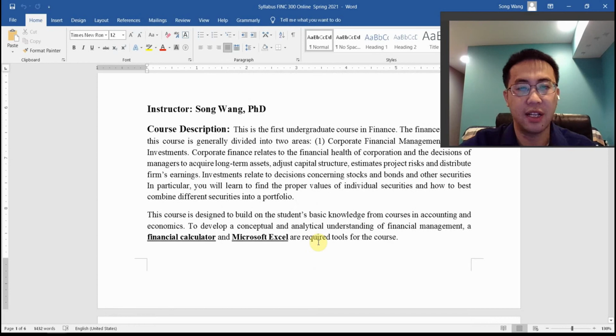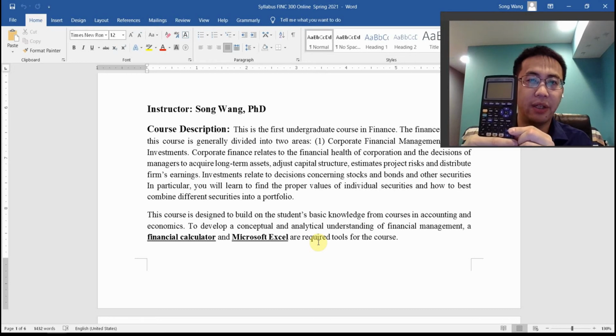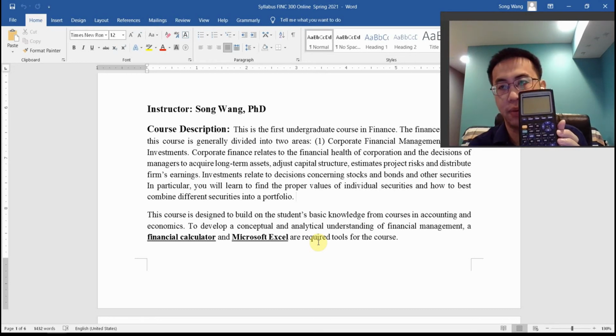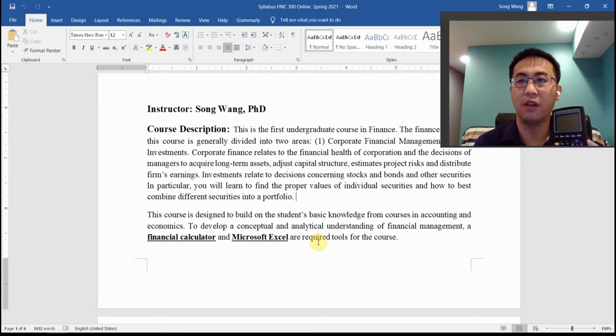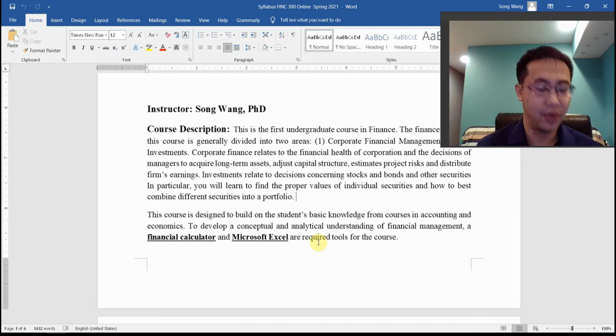So what you need for this class, you will need a financial calculator. So this is what a calculator looks like. It's a TI 83 or 84 model. Mine is 82. It works pretty well too. So you're gonna need one of these to perform all the financial calculations. And I'm not talking about simple multiplication, addition, or even exponents.